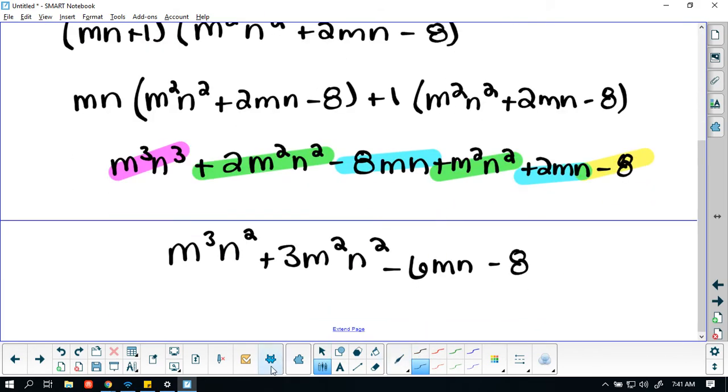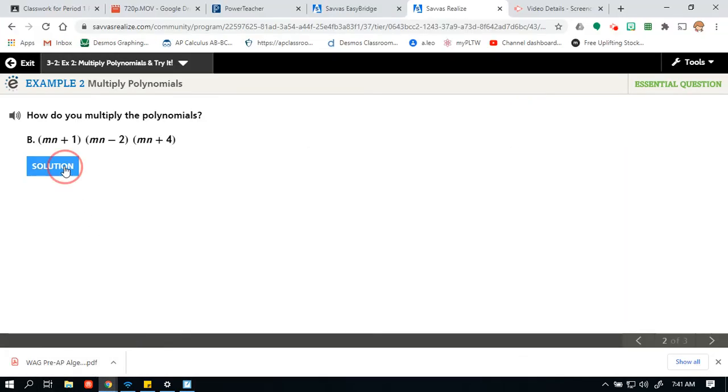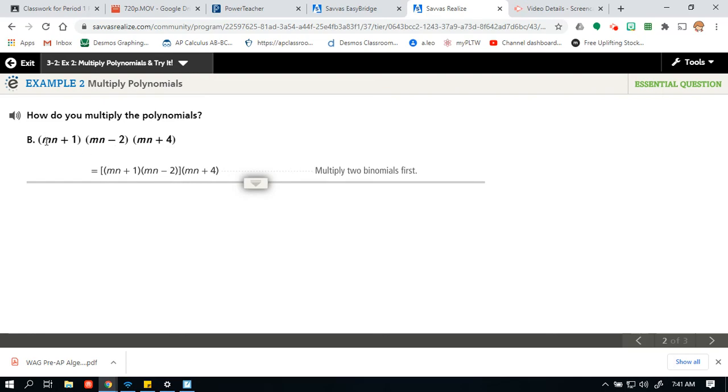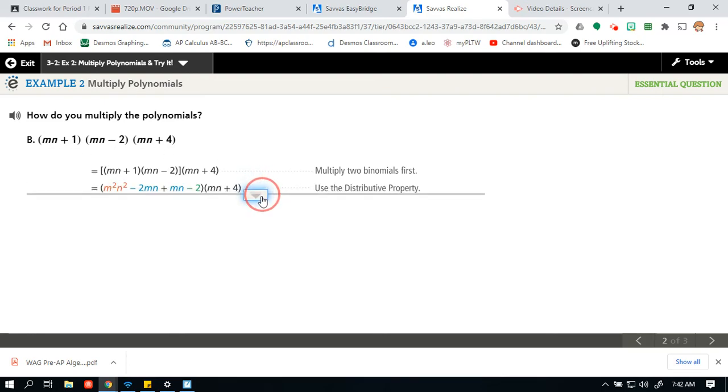Let's go back to the book, because the book does it slightly differently. What the book does is it actually groups the first 2 factors. So multiply 2 binomials first, and then they're going to use the distributive property.